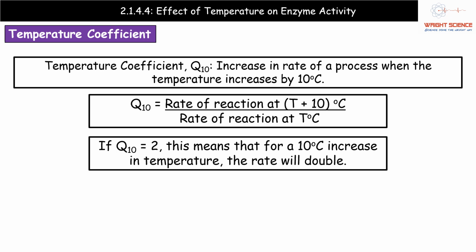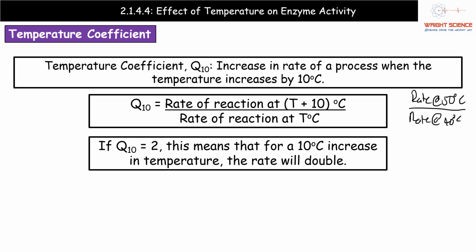So if we were comparing the rate of reaction at 50 degrees and 40 degrees, for example, what we do is the rate at 50 degrees divided by the rate at 40 degrees. So quite simply, you just read those off from the graph, and then you just plug it into your calculator. When you get that number, it tells you how much the rate will increase by.